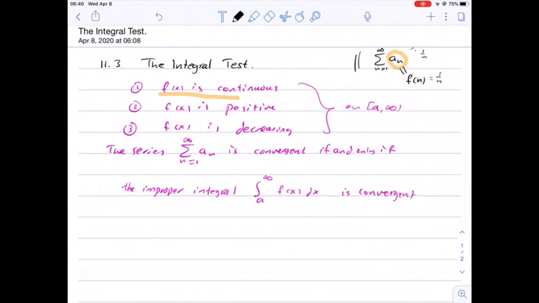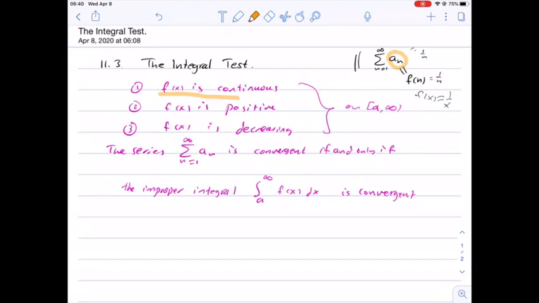So f of n will be 1 over n. And here we change the variable to x because we want to write it in a more familiar form. So we just replace n with x.